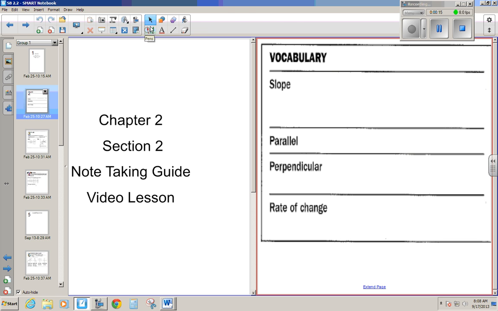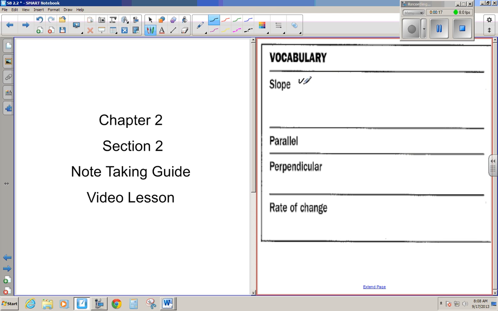Slope is vertical change over horizontal change.